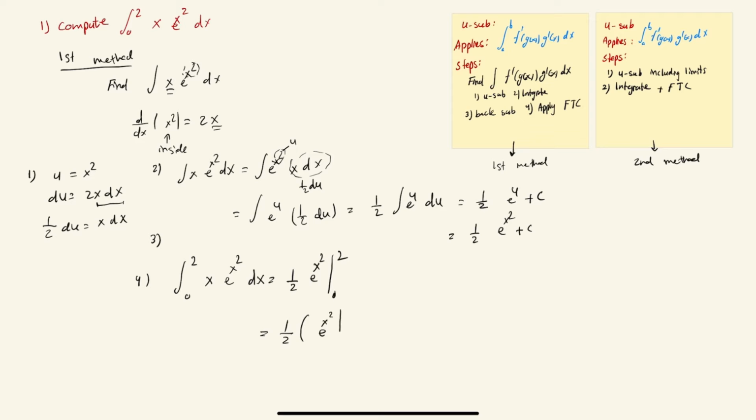Now I'm going to evaluate at 0 and 2 for e to the x squared. This is going to be equal to half times e to the 4 minus 1, and that is our solution.